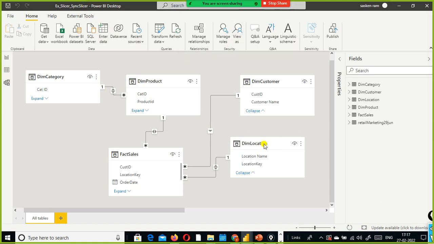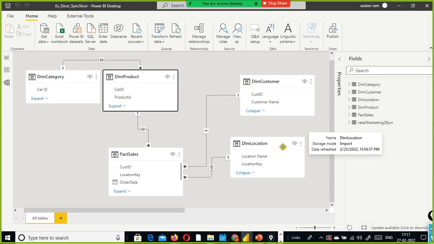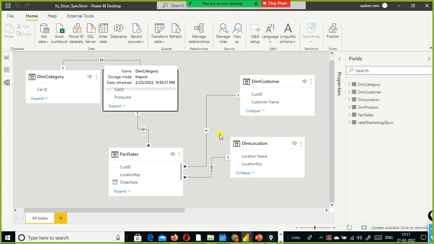Now with this denormalization, we are able to enable the filtering, since you combined these two things. You can filter the category table using the product dimension and vice versa. This is one solution. The next one is the location. For example, when I select a location, it should filter the category slicer automatically, right? Since there is no direct relationship between these two, it will not filter it. Again, you need to enable the bidirectional relationship.